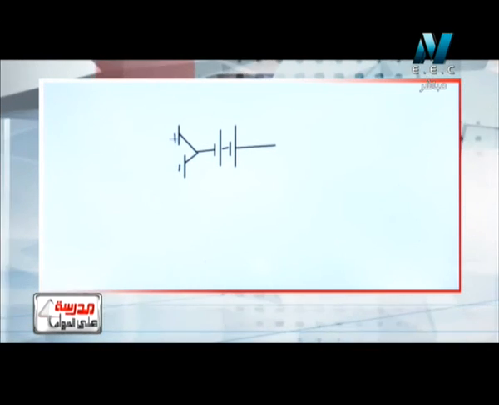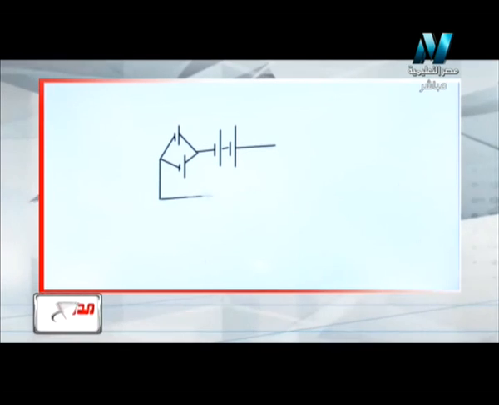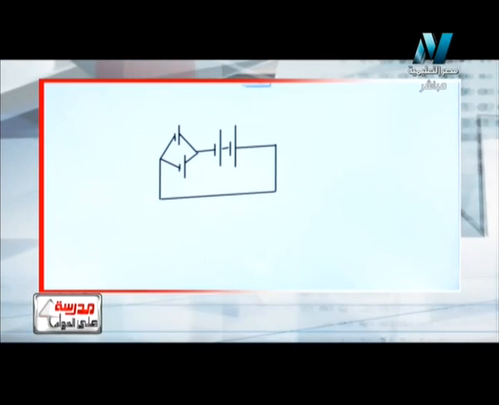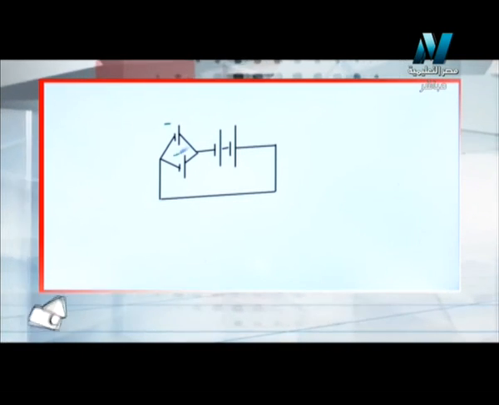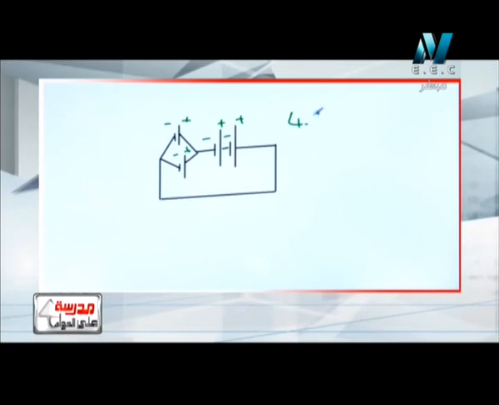Be careful, we should use all cells in the question, not as I like. As we see here, dear students, we obtain from this electric circuit 4.5 volts.